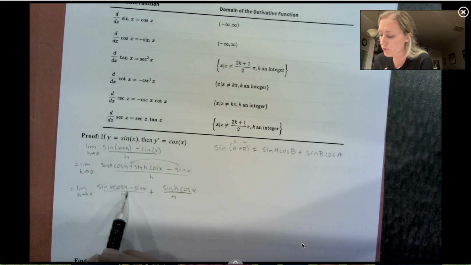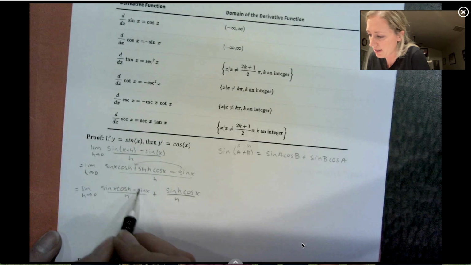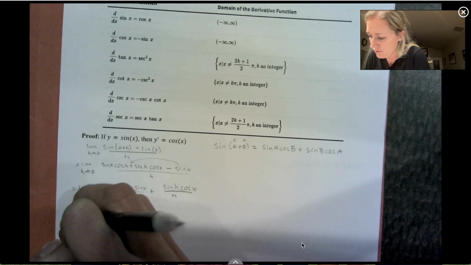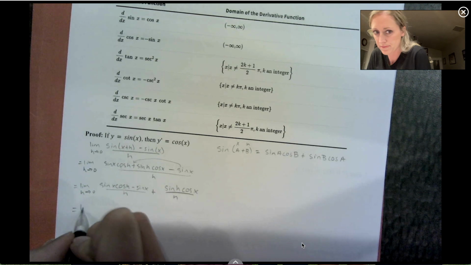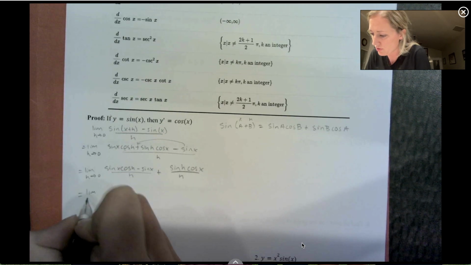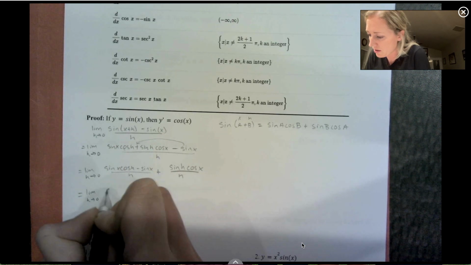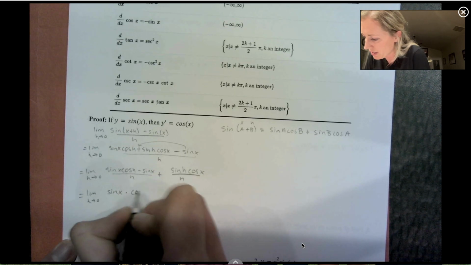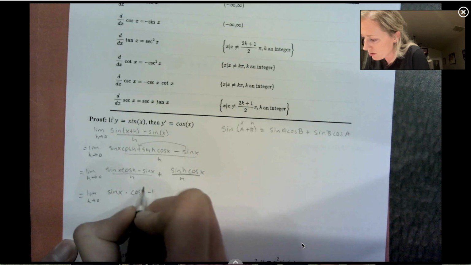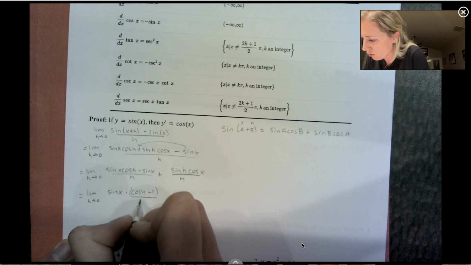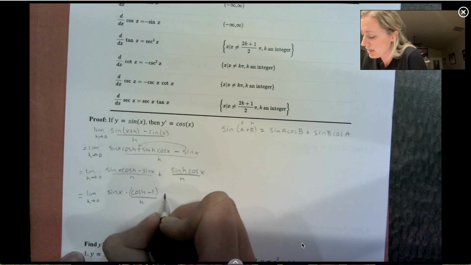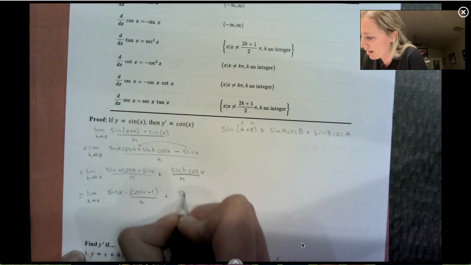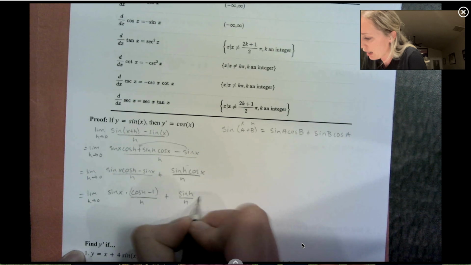Okay, so on this one, I'm going to factor out a sine. So we still have the limit as h approaches 0 of sine x times what I'd be left with here is cosine h minus 1 over h. Plus, same thing, I've got sine h over h times cosine x.